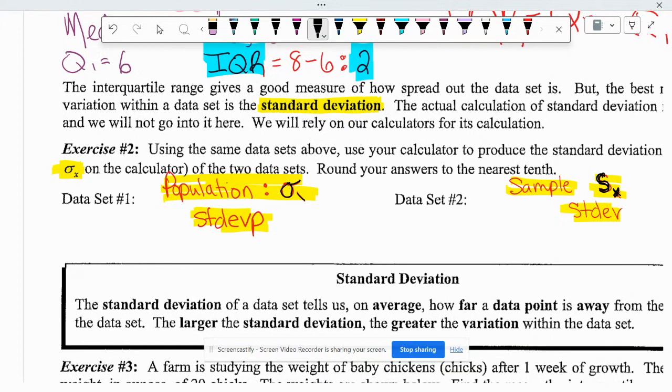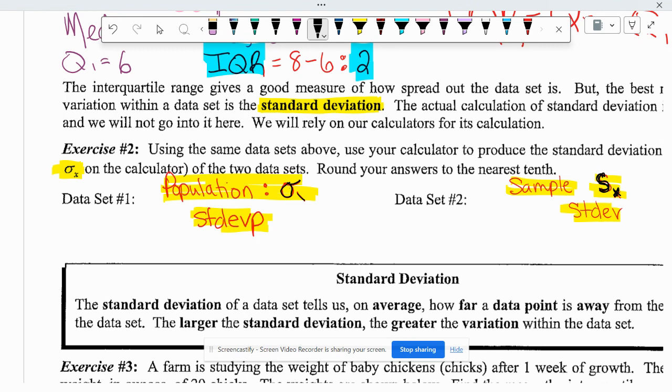On the calculator, we go to stats. We're going to go to calculator, one variable statistics. We go down to calculate. You have to have a table built first. So I'm going to just edit a list.